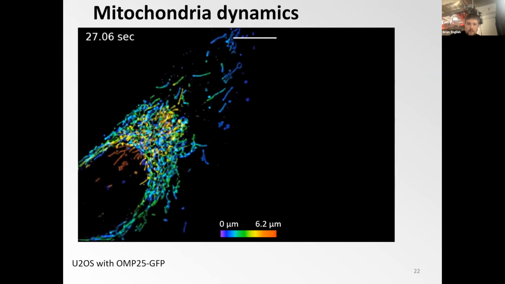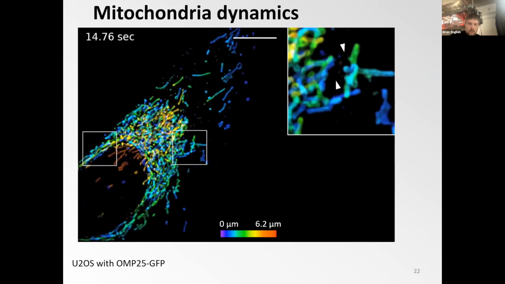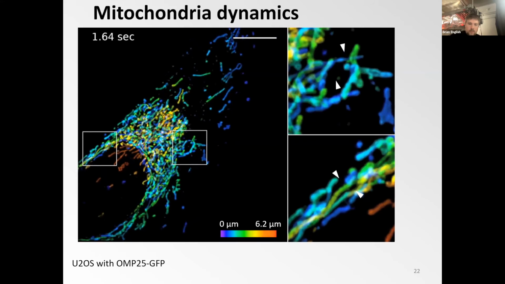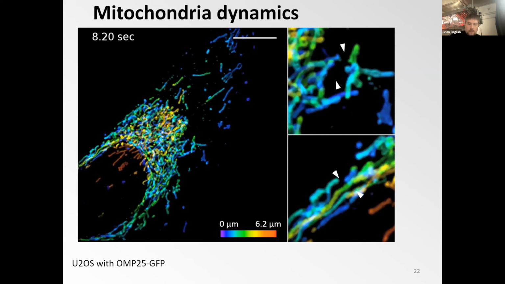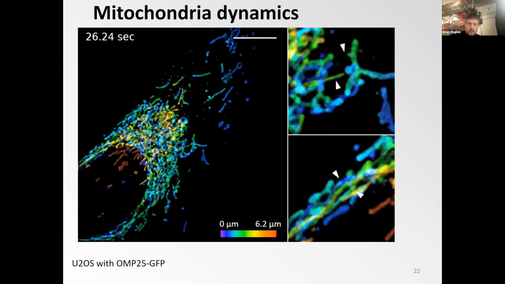So those are rate limiting steps, whereas the OPSIM has no heavy moving parts. Essentially, all that is moving are low inertia parts like galvo mirrors to acquire these volumes.